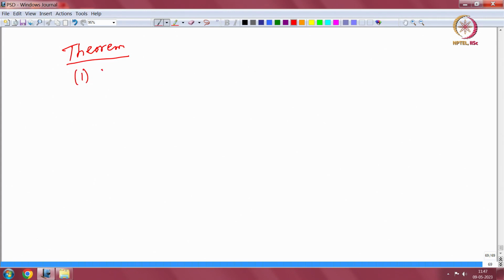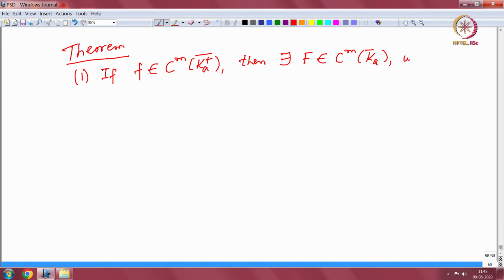If f belongs to C^m of the closure of K a plus, then there exists F in C^m of K a, so we are extending it, which is an extension of f.